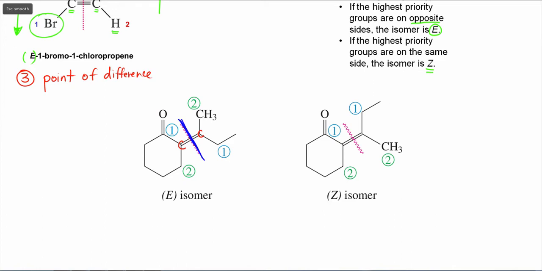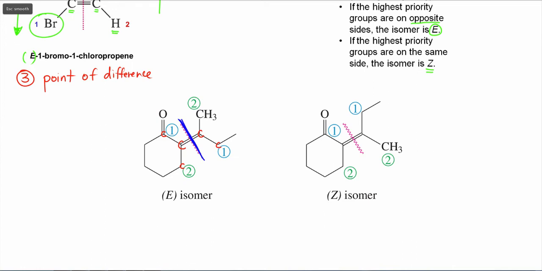Okay, so if we get to a position that has the same atom, we want to see what's connected to that atom the same way we did in the absolute configuration determining R and S. Anytime you see a molecule like this, you can freely go ahead and write in what's attached to the sp2 hybridized carbons.